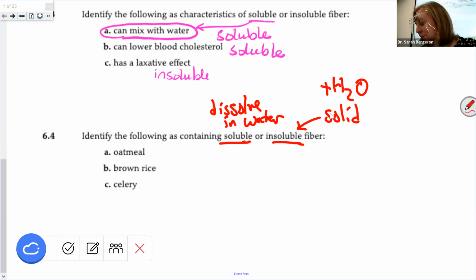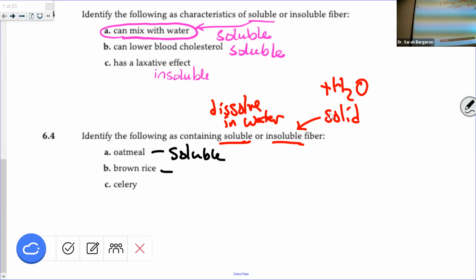That's exactly right. Okay, so oatmeal, soluble or insoluble? Soluble. But it kind of doesn't quite make sense because you put hot water on your oatmeal and it doesn't really dissolve, but the fiber inside of it will dissolve once it goes through your digestive system. Okay, brown rice, soluble or insoluble? Insoluble.